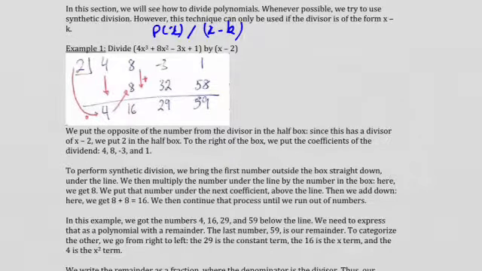And when you are using synthetic division, you are using k and the coefficients 4, 8, minus 2, and 1. Instead of using k, I like to use negative 2, and you will understand why in the next pages or so.